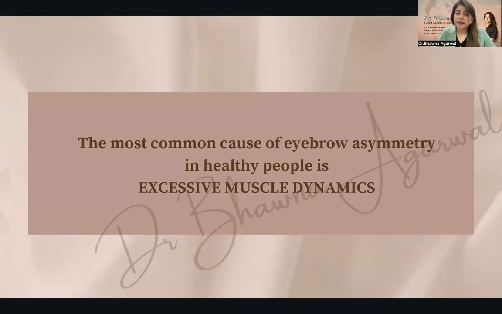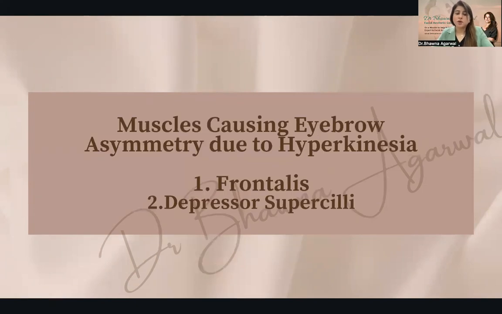So I get a lot of individuals who, after getting Botox done, notice this asymmetry, especially when they are raising their brows or performing any expression. That is because one side of the face has more muscular strength and Botox has worked equally on both sides. But because of the difference in the muscle strength, one eyebrow is going higher as compared to the other. So the muscles which are causing this asymmetry due to hyperkinesia are the frontalis and depressor supercilii.